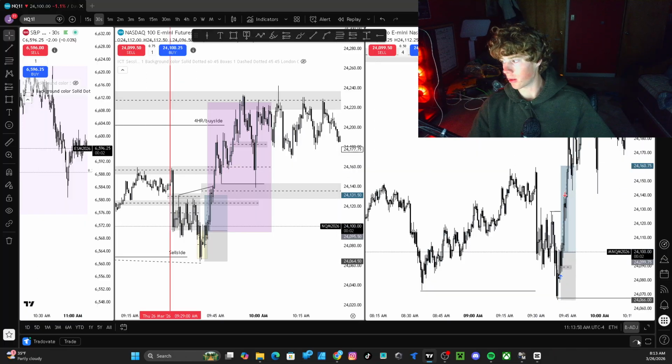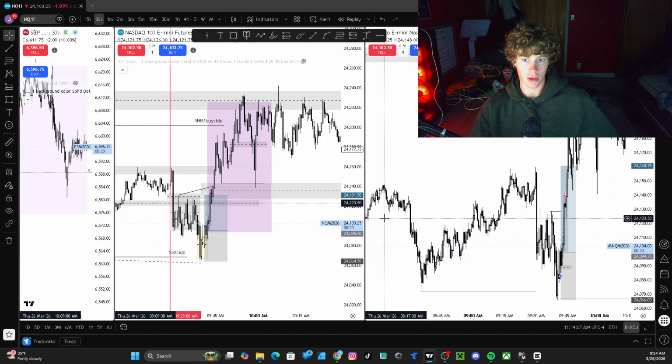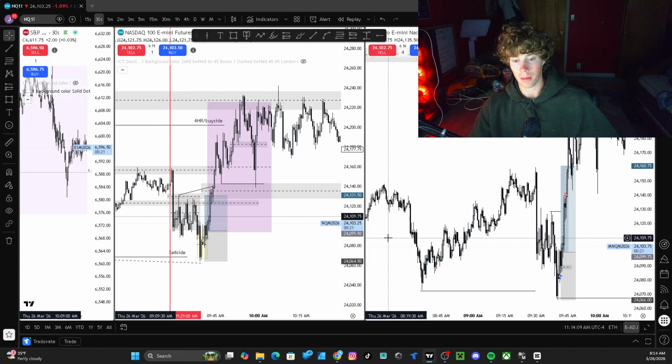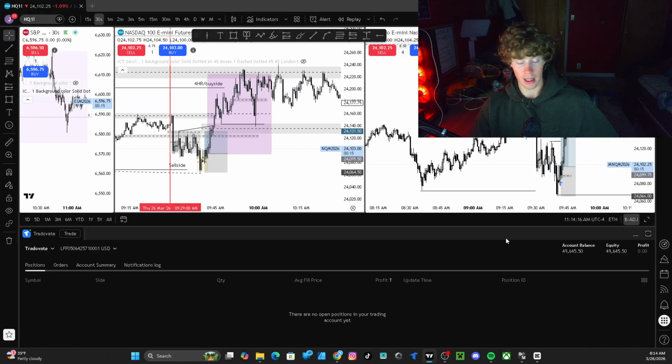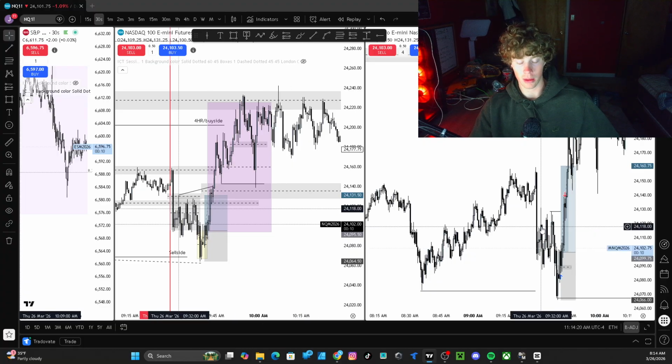Still in drawdown on the account, but I'm a lot less now. We're only down about 350, which is what I was down after my first loss on it. Went all the way down to negative 860, and we've already recovered back most of it. So in the end, with that, I get my 2 winning days out of my 5 out of the way, because they count even if you're in drawdown.